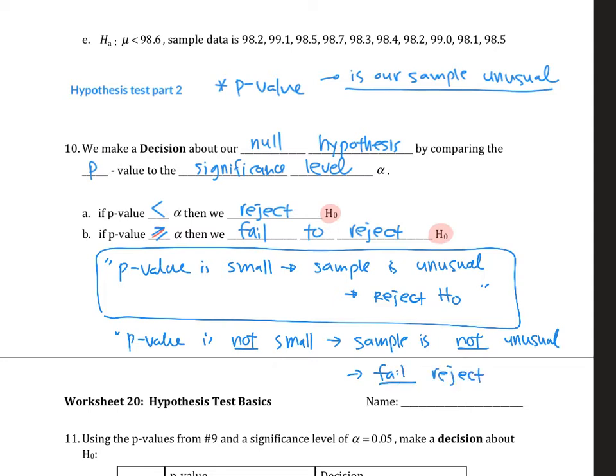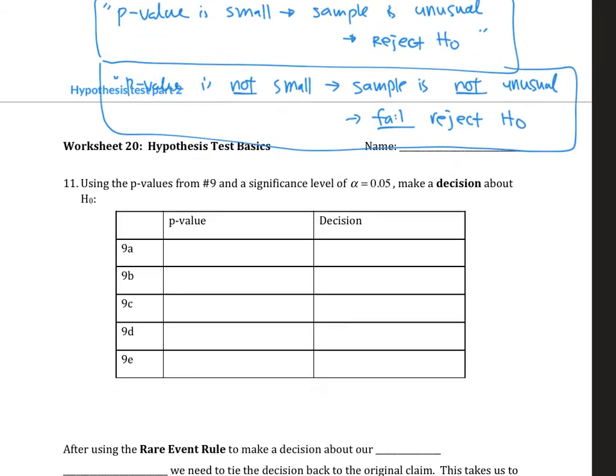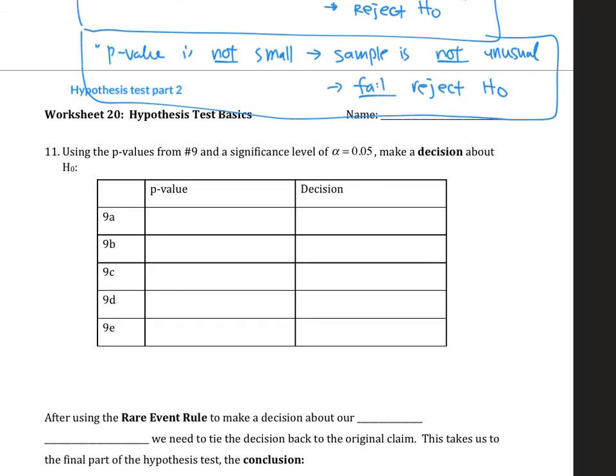We fail to reject H naught, so that follows. So every hypothesis test will have two possible decisions. Either we say reject H naught, or fail to reject H naught. Depends on our p-value.